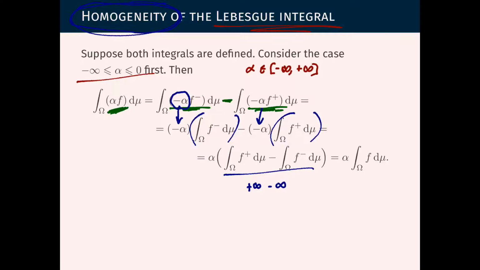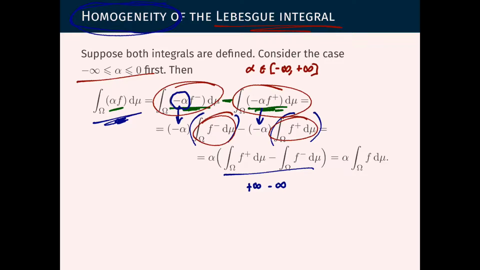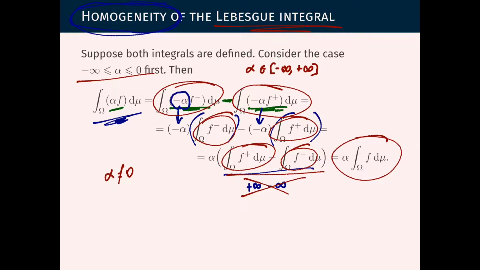Or well, if this one is well defined, then at least one of these two will be finite unless alpha equals 0. So let's first suppose alpha is not 0, and then one of these two is finite, which means this is well defined. This does not give plus infinity minus infinity, and it equals alpha times the integral of f.